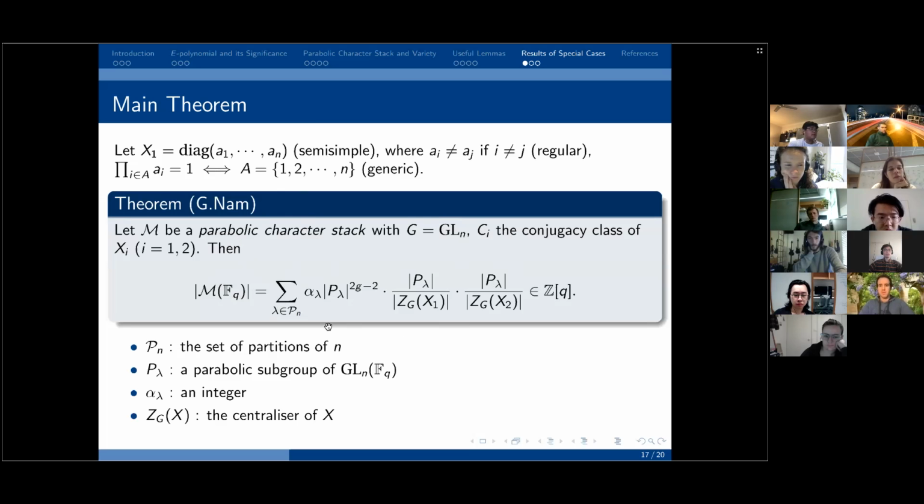And here, curly Pn means the set of partitions of n, and P lambda is a parabolic subgroup of GLn(Fq), and alpha lambda is an integer whose value depends on the length of each partition lambda. And G_X means the centralizer of X.